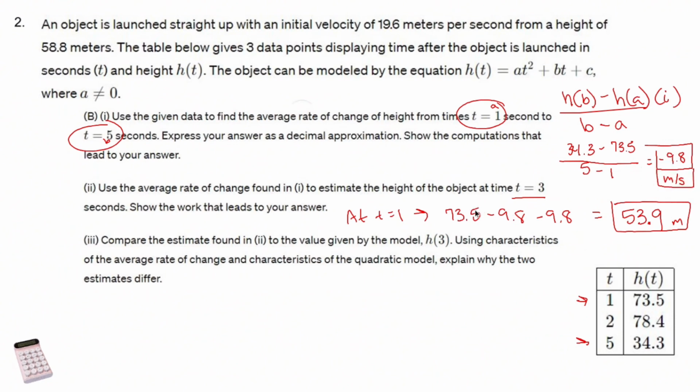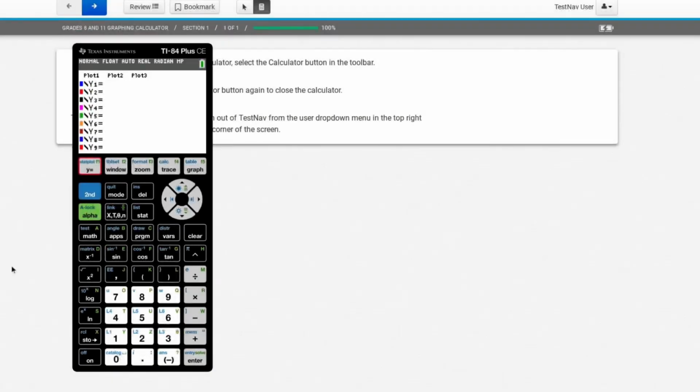Look at that. All right, compare the estimate found in 2 to the value given by the model h of 3. So what I need to do is go back to our calculator. Let's use the model that we had, the equation that we had, and compare h of 3 to 53.9.